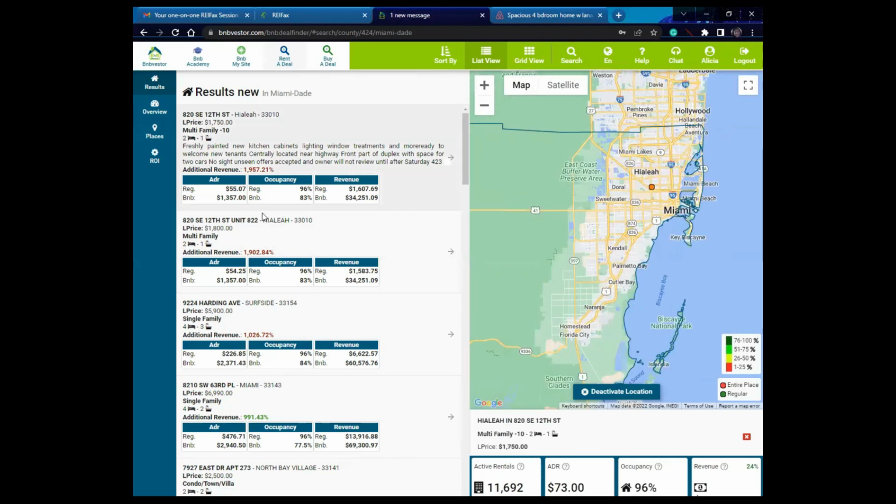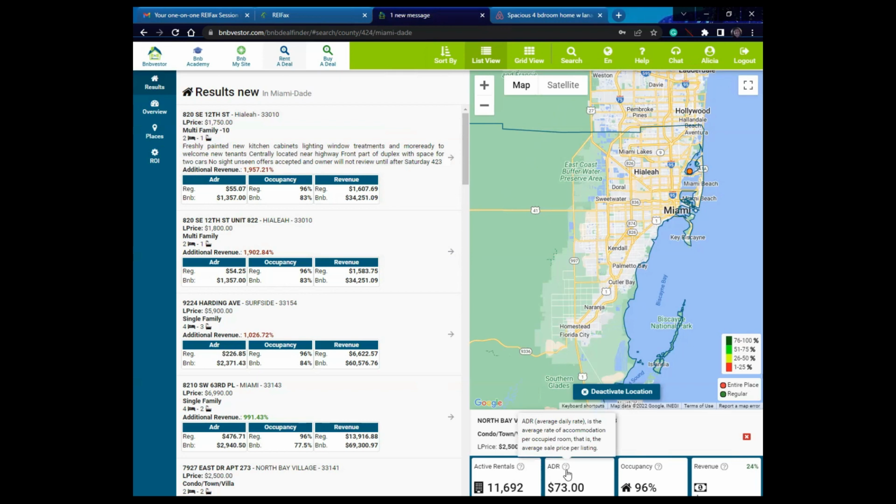Okay. So these are properties that are active for rent. This one has a list price of $1,750. In this area, we have 11,692 active rentals with an average daily rate.